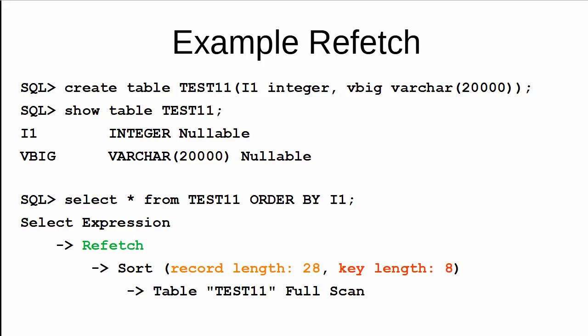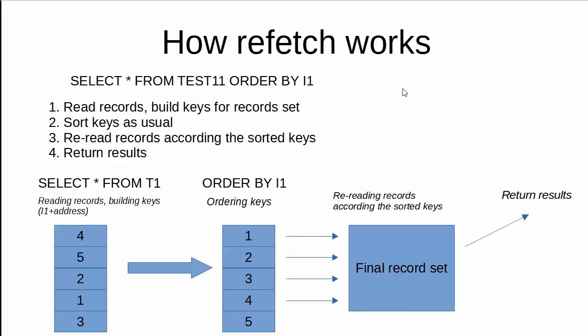How does it work? The difference is the following. First of all, refetch reads records and builds keys for the record set. It sorts keys and the pointer to the record.